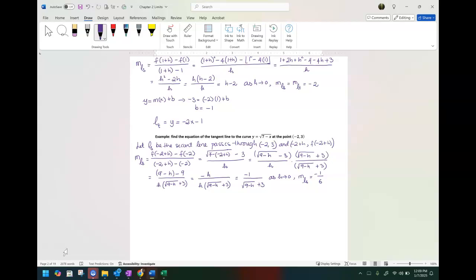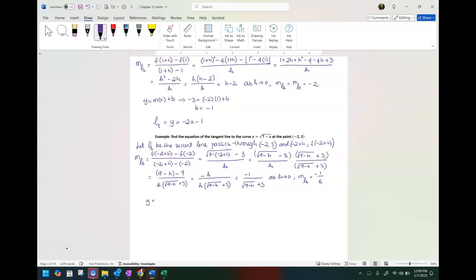Okay. So then the slope of the tangent line is negative 1/6. So the tangent line passes through the point negative 2, 3 and has the slope of negative 1/6.